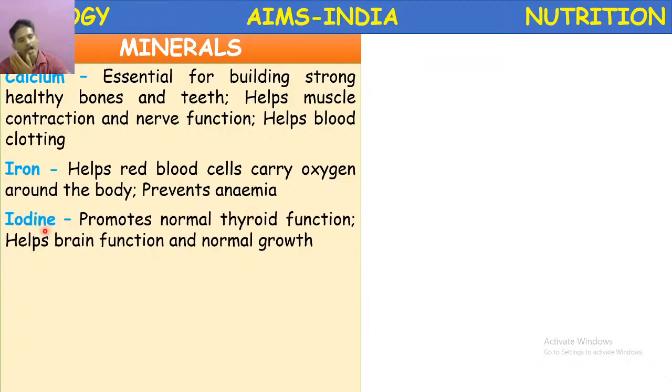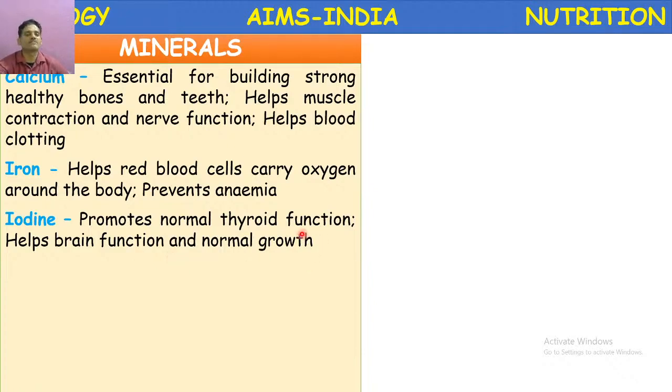Okay, and next, iodine. Iodine is a very important nutrient, and it promotes the normal functioning of the thyroid gland. The thyroid gland is one of the important endocrine glands, which is present in the neck region, that is the throat region, and this iodine helps the production of thyroxine hormone, and helps brain function and normal growth.